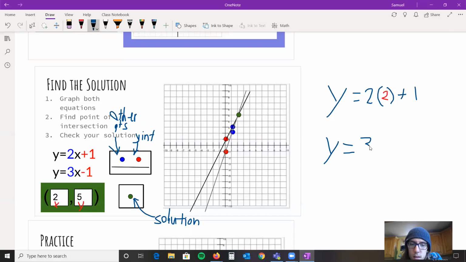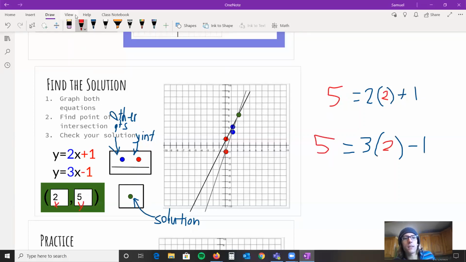So y equals 3 times x. And instead of x this time, I'm going to put my 2 again. And then the minus 1. And then I need to replace these y's. And I could have done this at the same step. This needs to be a 5, and this needs to be a 5.